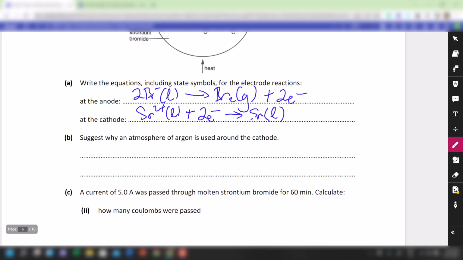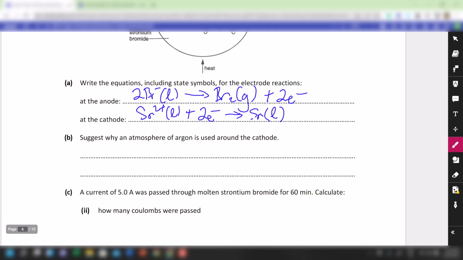Given that strontium is quite low in group 2, just below calcium, and above barium, it is likely to be quite reactive in the presence of oxygen. So if you don't want the metal to react upon its formation, it is better to keep it under inert conditions. The inert condition we can think of will be argon. Argon being an inert gas, it is unlikely to react with the freshly produced strontium.